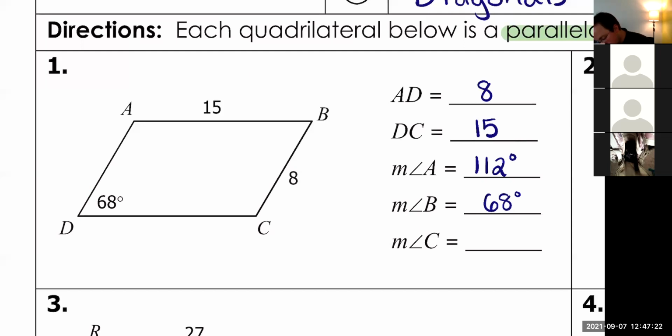Could you subtract 112 from 180? You could do that, and that would give you angle B, but angle C is opposite angle A, which means angle A and C are congruent. So that'd be another 112 degrees. So it's just about working our way through, looking at what information we have, and then piecing together what we can find.